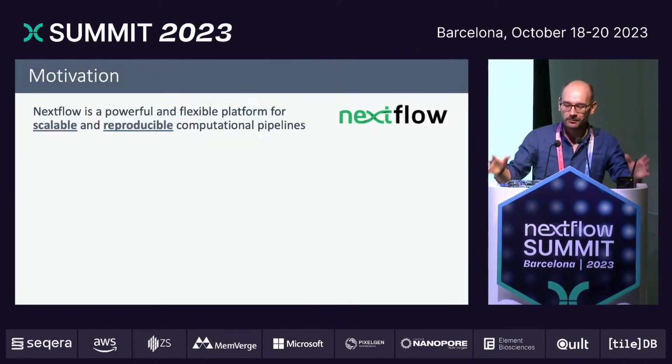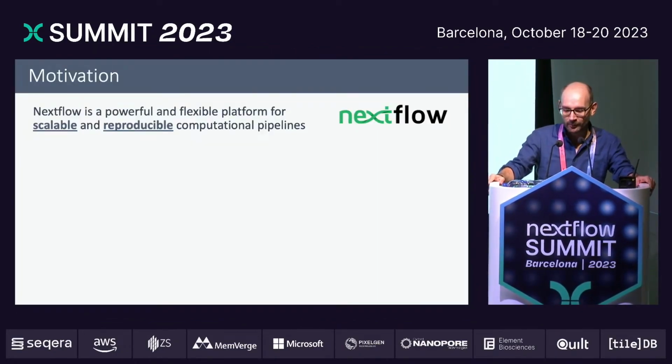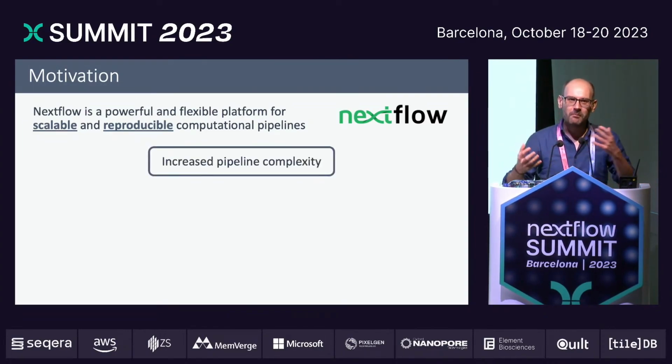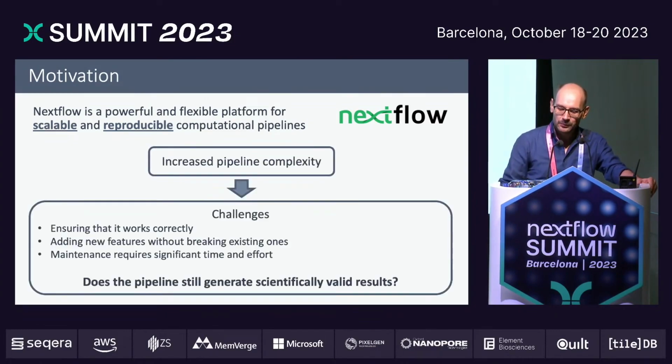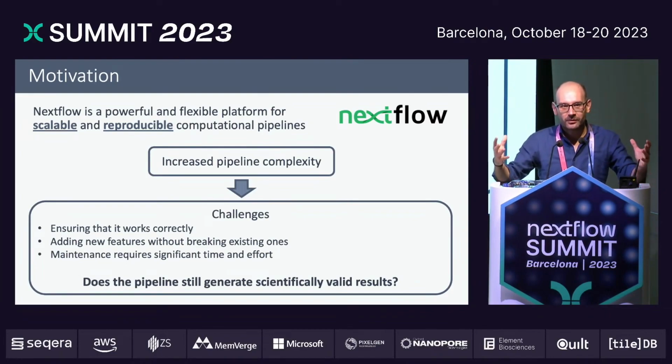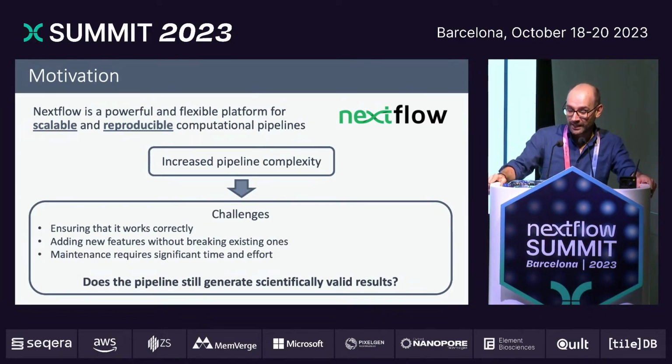And all of us are loving Nextflow because it's a powerful and flexible platform, and it helps us to create scalable and reproducible scientific pipelines. However, when we create complex pipelines, we are confronted with new challenges. Ensuring that our pipeline works correctly could be a very complex task.